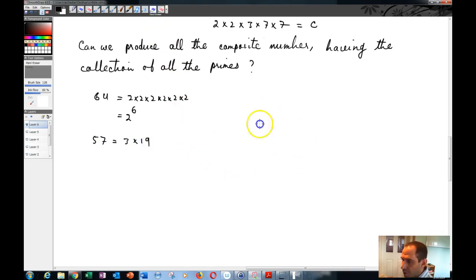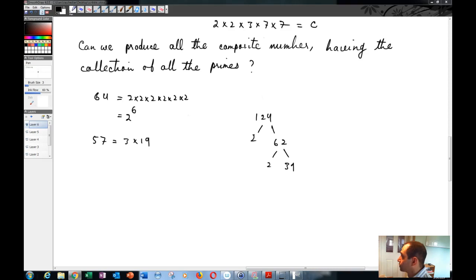Or if you have, let's say, 124. Then divide by 2, you'll get 62, and then 2 times 31, and I think 31 is a prime number. Let me go over here and find my calculator.